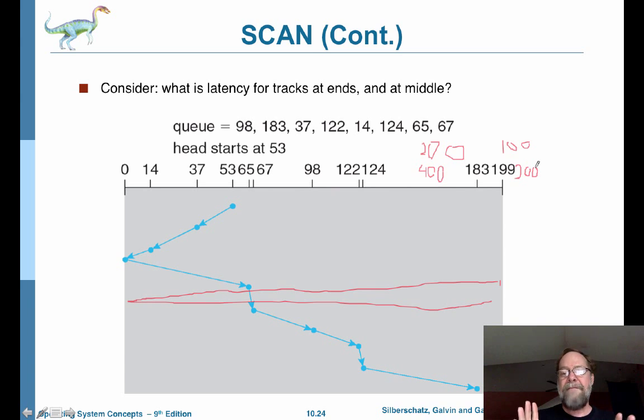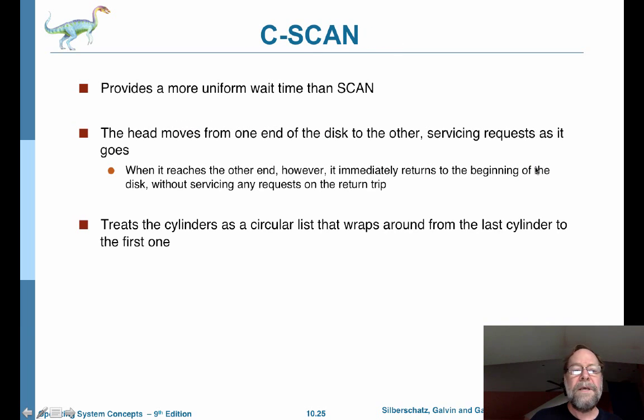So that variance in the seek time can actually make things a little bit complicated for the operating system to try to optimize things. So there's an alternate version of scan called C-scan or circular scan, which provides a more uniform wait time or seek time for requests.